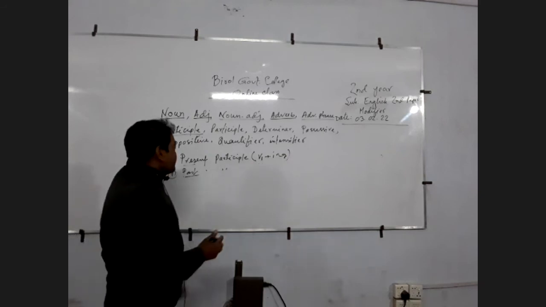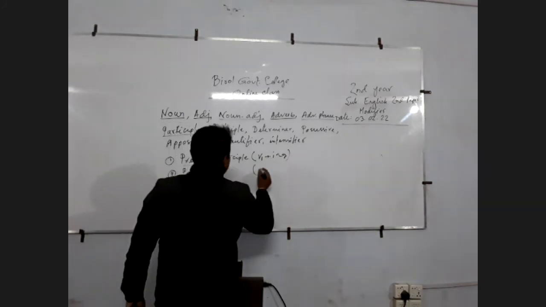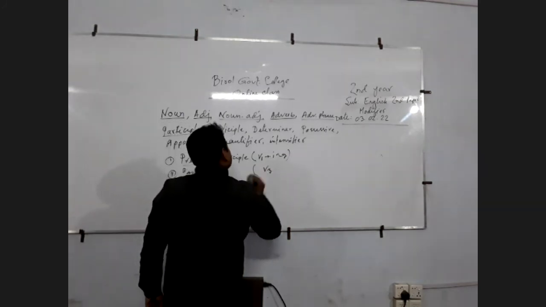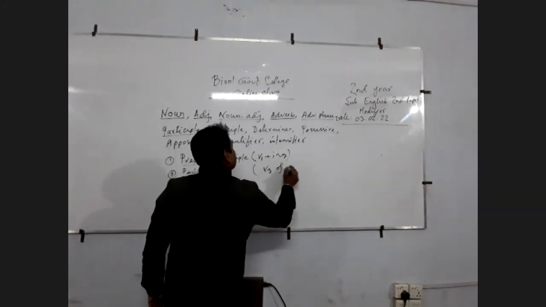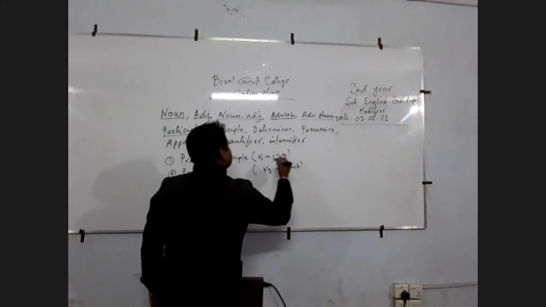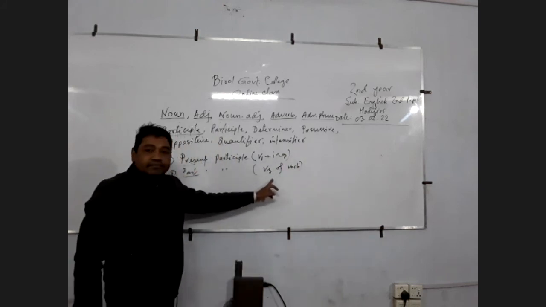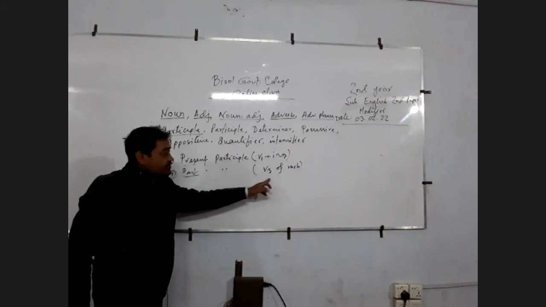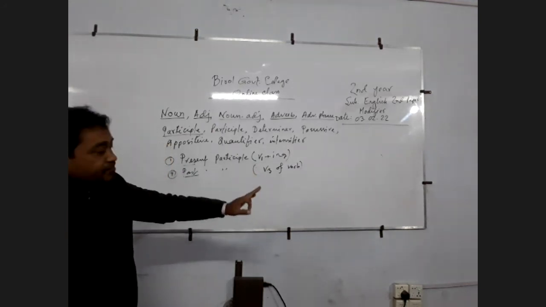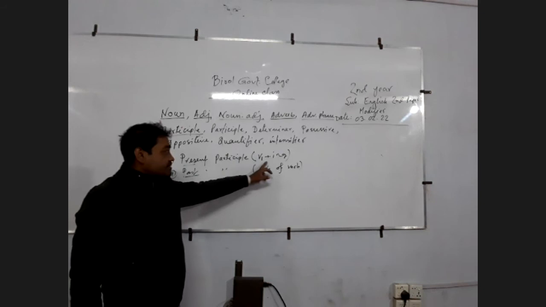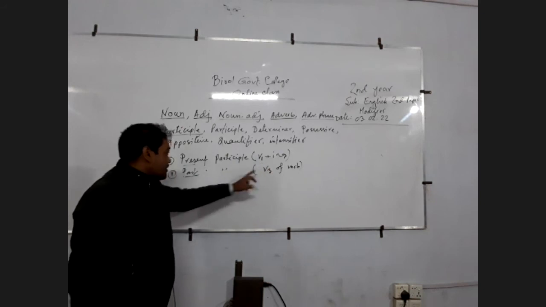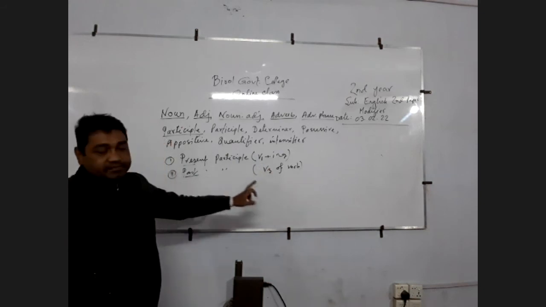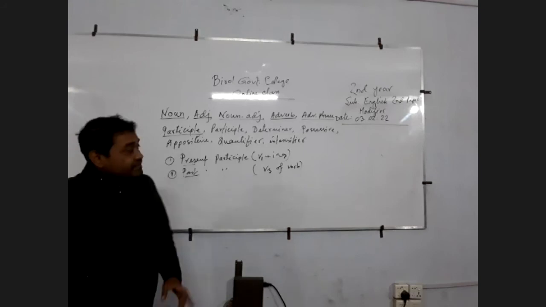And past participle is the V3 form of the principal verb. That means PPV, which is the past participle of the principal verb. The V3 form will be used as past participle.